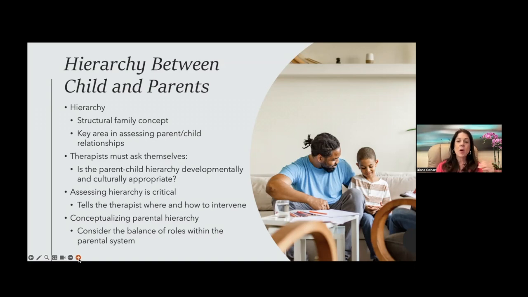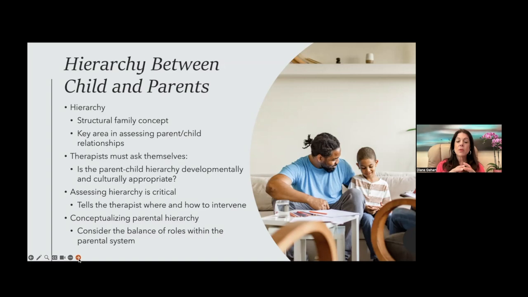But are the parents able to set age-appropriate consequences, limits, and rewards for their children's behavior and manage their kids? This is really, really critical, because this is an area that is often highly related to a lot of the problems we see in children and adolescents today.